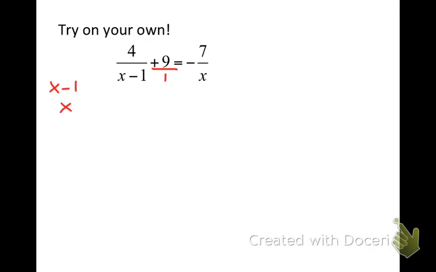We don't really care about the 1. So for the first fraction, what are we missing? An x. So that 4 is going to need an x. What's the 9 going to need? Everything, right? So it's going to need an x and the x minus 1. What's the 7 going to need? x minus 1.